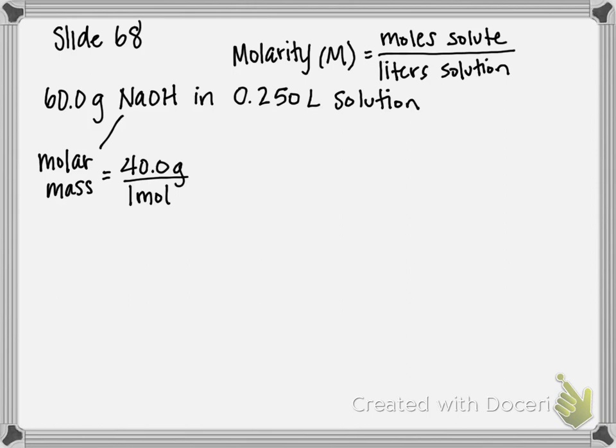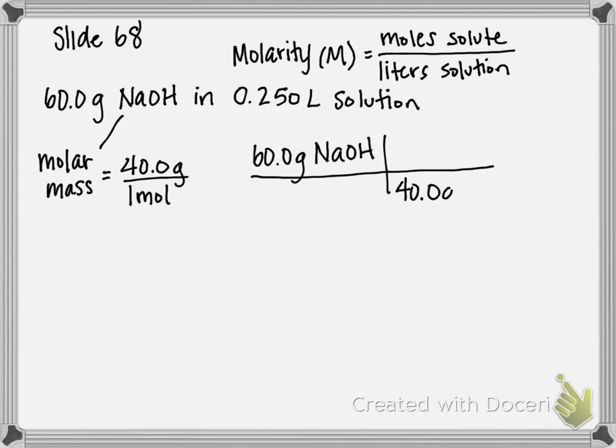So now I'm going to take 60 grams of sodium hydroxide and I'm going to divide that by 40 grams sodium hydroxide in 1 mole of sodium hydroxide.